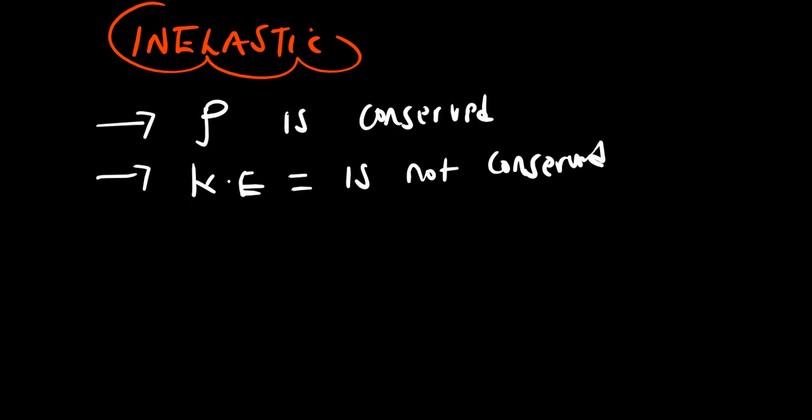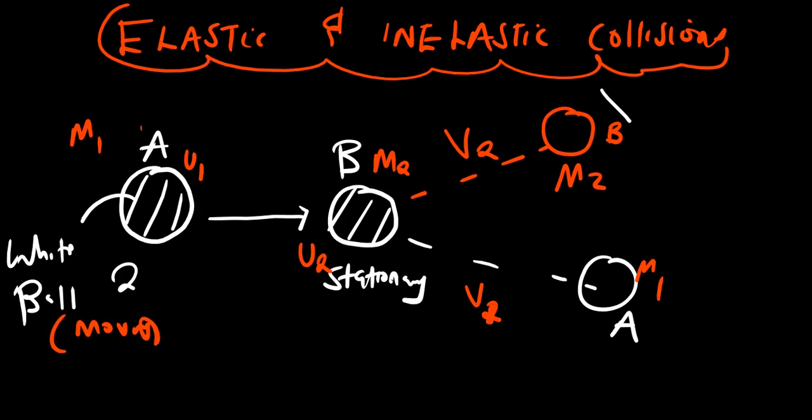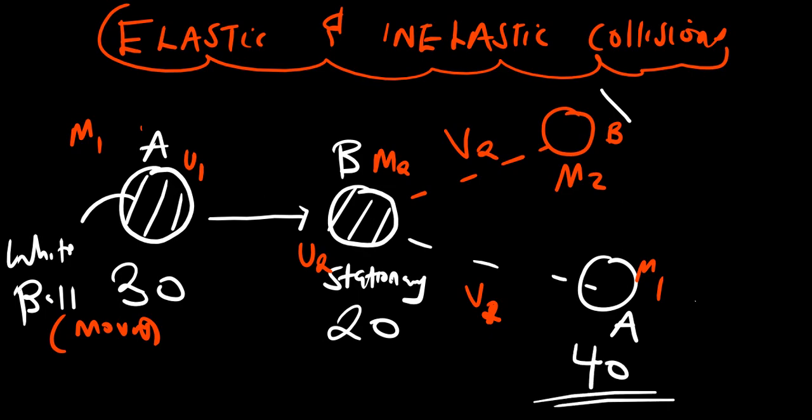So if initially ball A had, let's say, 30 and B had like 20 kinetic energy, the final after impact can be, let's say, instead of having a 50, you can have a 40 as the final. So the other 10 might have been lost in other forms of energy, e.g. in the sound that is made when hitting ball 2.